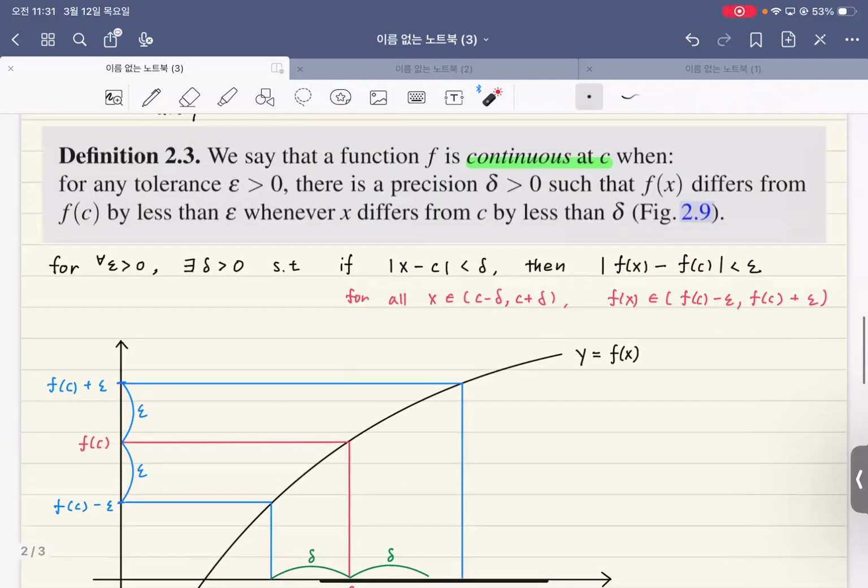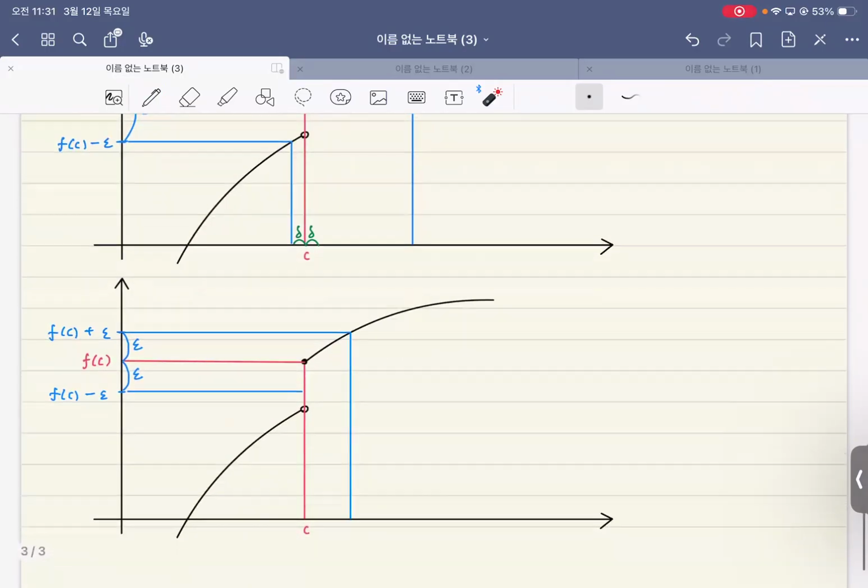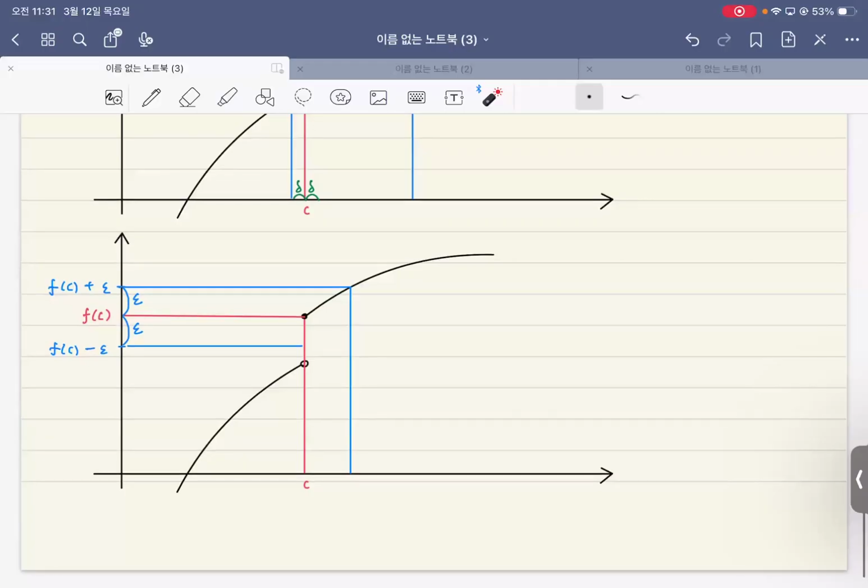In order to say my function is continuous, you must be able to find such a delta for every positive epsilon. Because you failed to find such a delta for this epsilon, this function is not continuous.